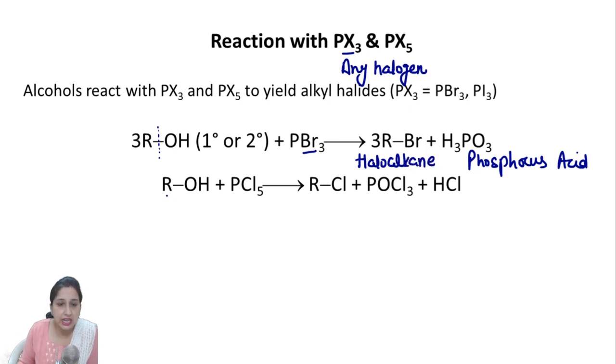Similarly, if we treat any alcohol with phosphorus pentahalide, in this case I have written phosphorus pentachloride, then again the main product is the same, haloalkanes, because OH will be removed and chlorine will occupy its place, but the side products are different. Here phosphorus oxide trichloride and HCl will be released as the side products, but the main products are the same, haloalkanes, whether you treat alcohol with phosphorus trihalide or phosphorus pentahalides.